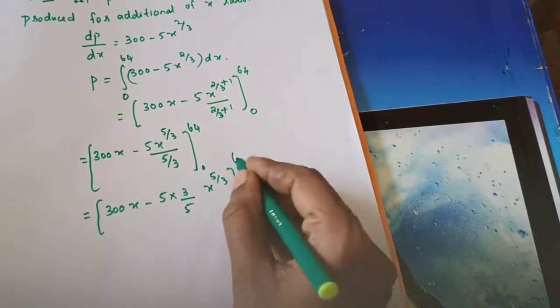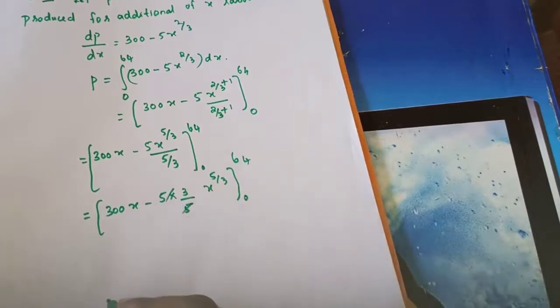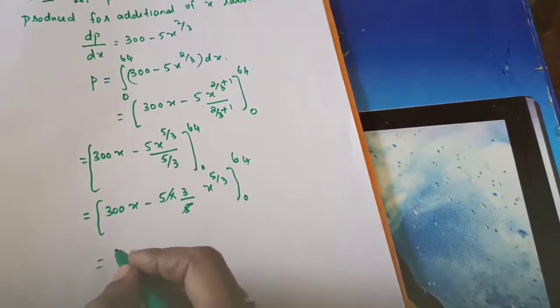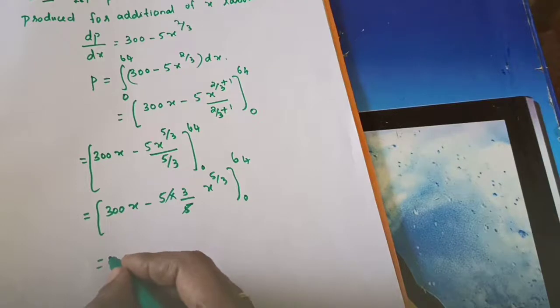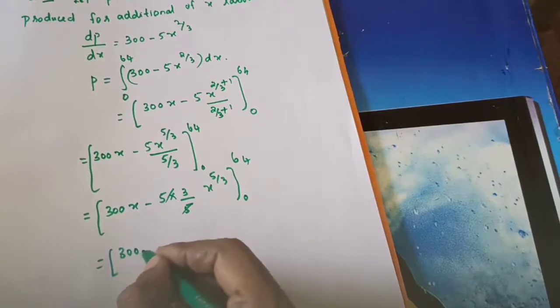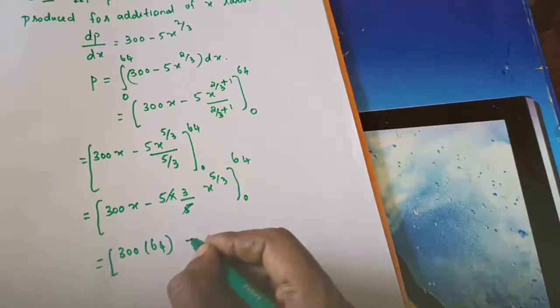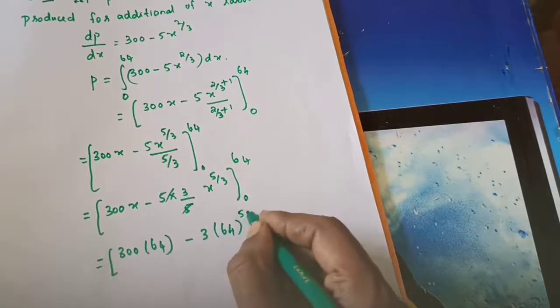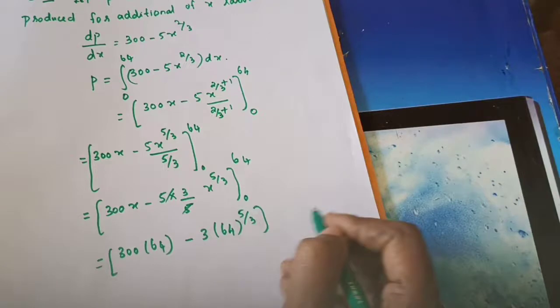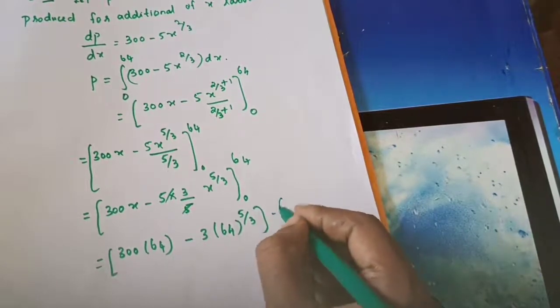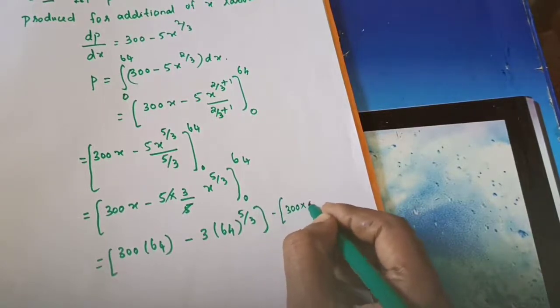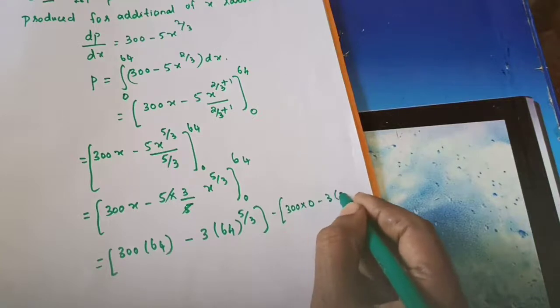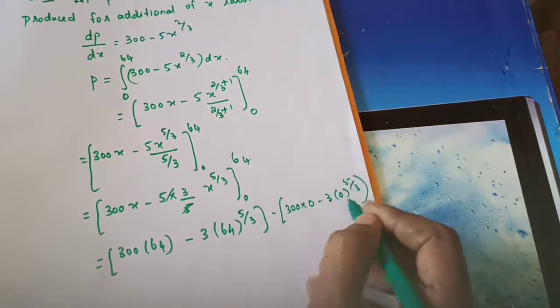The limit is from 0 to 64. These two terms will get cancelled. Now shall we apply the limits? So 300 into 64 minus 3 into 64 power 5 by 3, minus, if you need you can write, 300 into 0 minus 3 into 0 power 5 by 3. All the values will become 0.